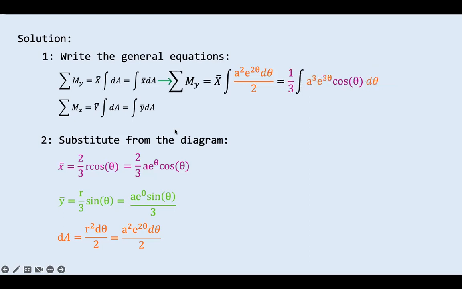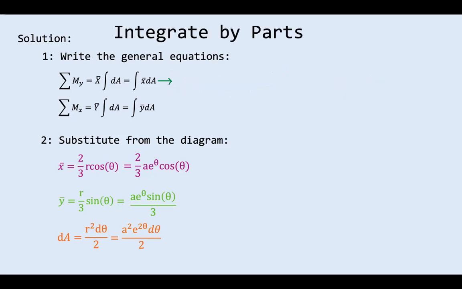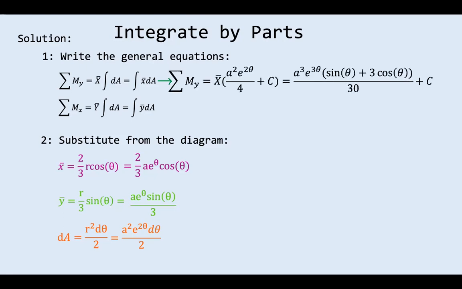Doing manipulation, we can simplify it into this equation. Now we will want to use integration by parts. I have skipped that for now because it is very long, but you all know how to do this already. If you don't, I can create a new video showing you how to integrate by parts. After you integrate by parts, you will get this equation over here.